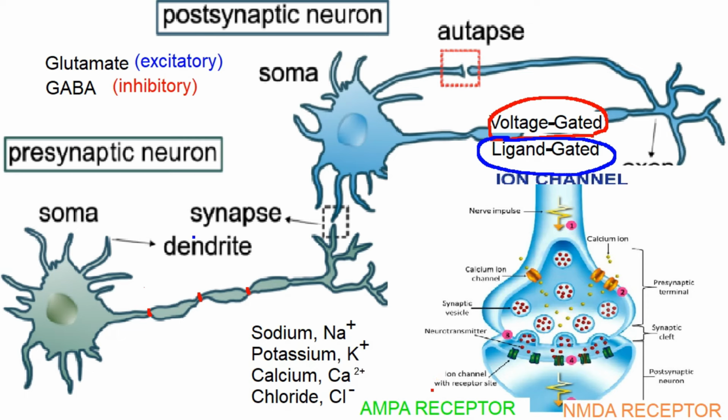After this threshold is reached by the sodium ions rushing in through the AMPA receptors, the positive charge of the postsynaptic neuron spikes really intensely, which is called an action potential. And we're going to talk about action potentials here in a minute.